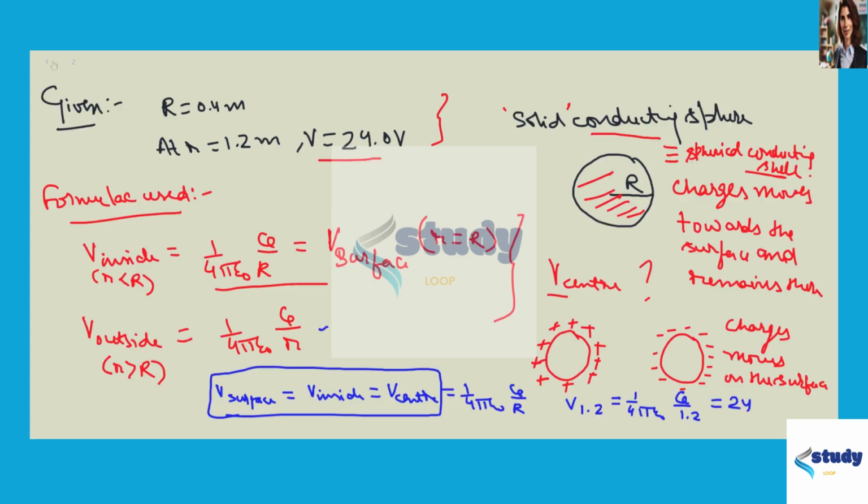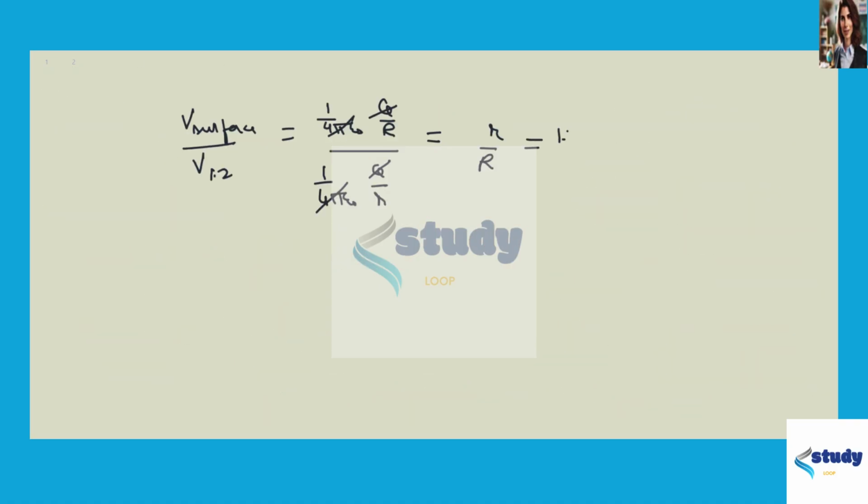We divide V surface over V1.2. V surface is 1 by 4 pi epsilon naught Q over R, and V1.2 is 1 by 4 pi epsilon naught Q over r. So this cancels down, this cancels down, so this becomes r over R. We know the value of the r here and R here, so this is 1.2 over 0.4.